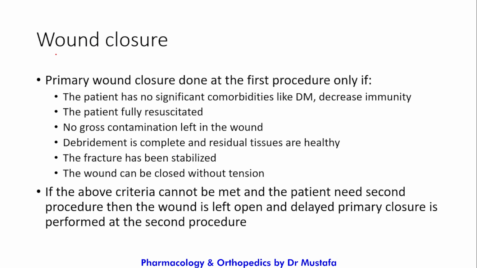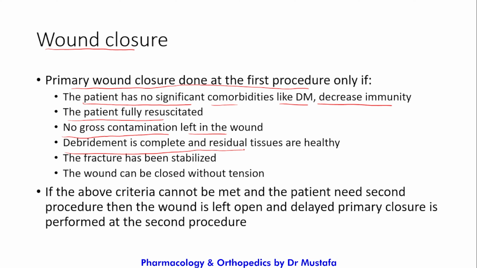Now I will mention some points about the wound closure in the surgery. So primary wound closure is done at the first procedure only if the patient has no significant comorbidities like DM and decreased immunity, and the patient is fully resuscitated, there is no gross contamination left in the wound, the debridement is complete and residual tissue is healthy, the fracture has been stabilized, and the wound can be closed without tension.